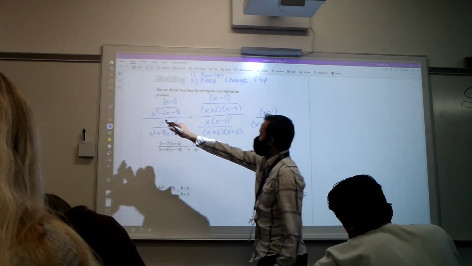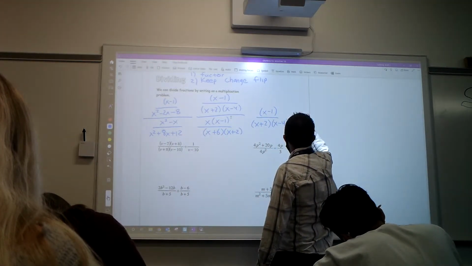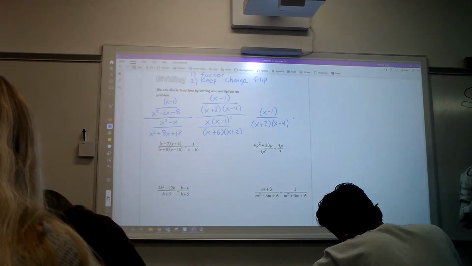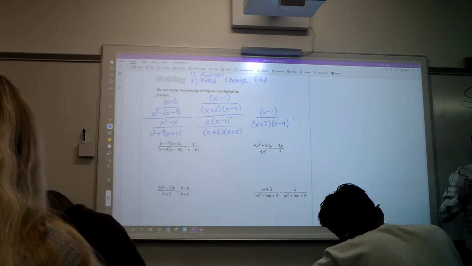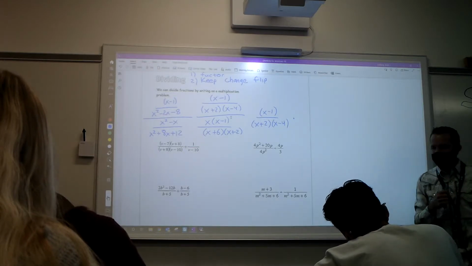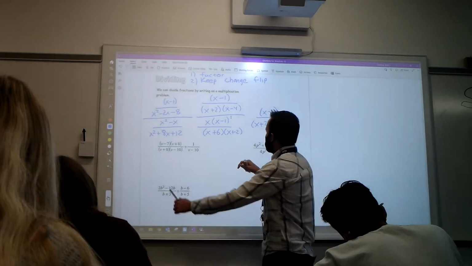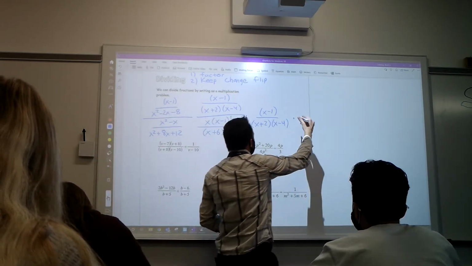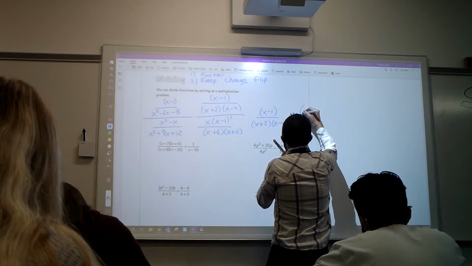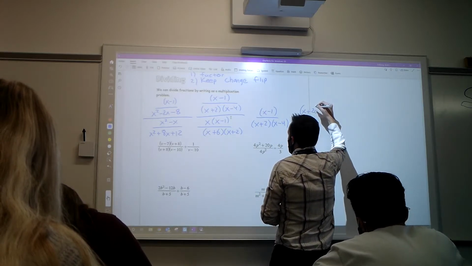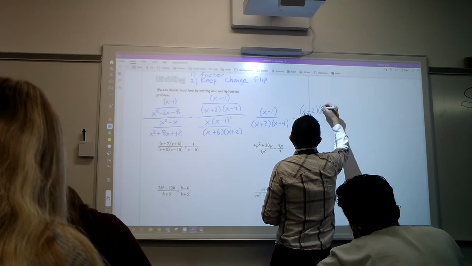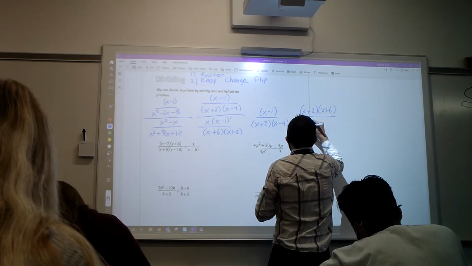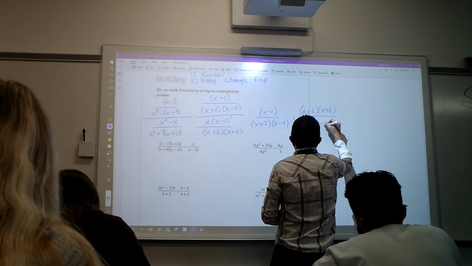So now instead of dividing, I'm going to put the dot, what does that dot mean? Multiplying. So keep, change, and lastly flip. What are we flipping? Our denominator. Good job. So I'm going to flip that over now. So I have x plus 2 and x plus 6. And then in the denominator we have the x and the x minus 1.